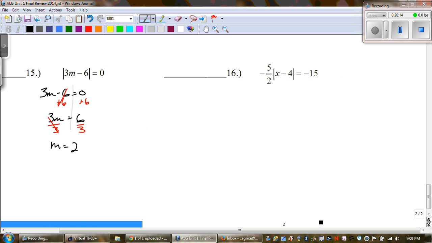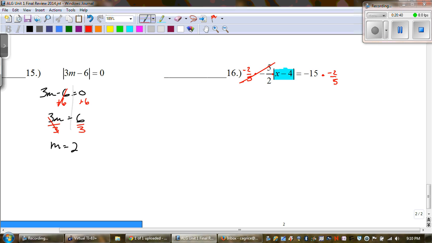All right, and number 16. Number 16 is nice because the only thing outside of that absolute value is the fraction. And you can't just be like, well, it's negative, so it's going to be no solution. Remember, we have to get the absolute value by itself. So to get the absolute value by itself, we have to multiply by the reciprocal, which is negative 2/5.